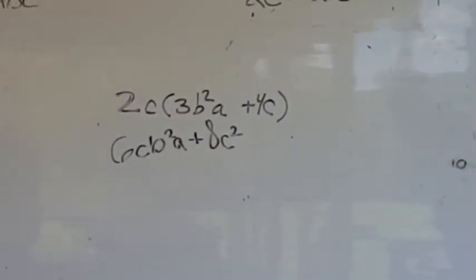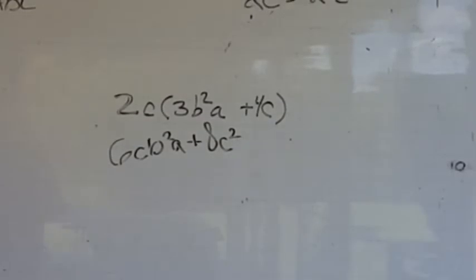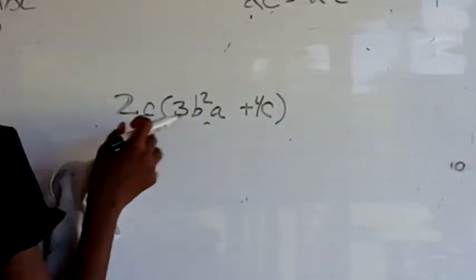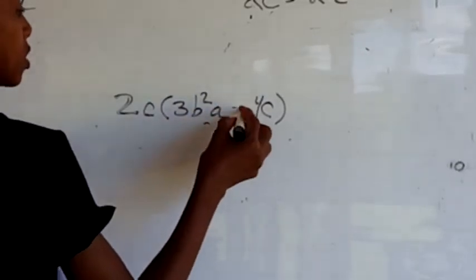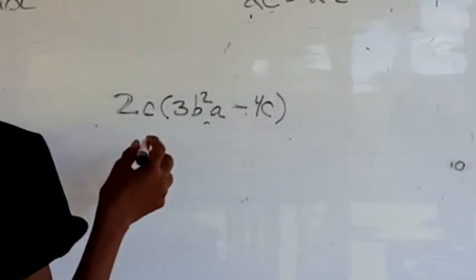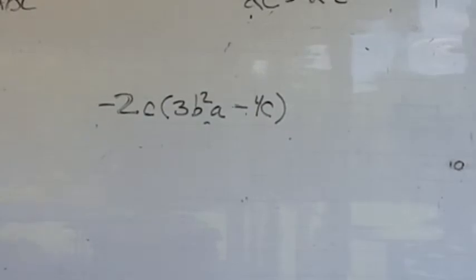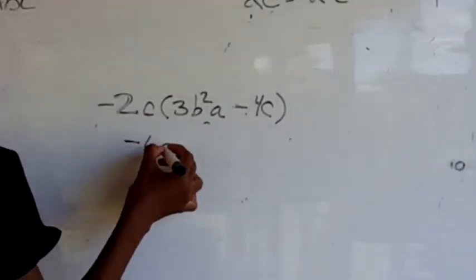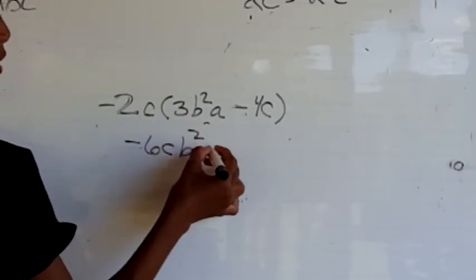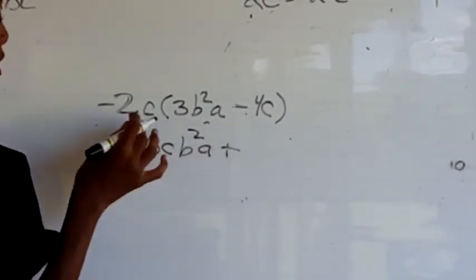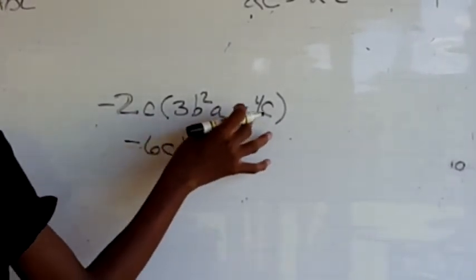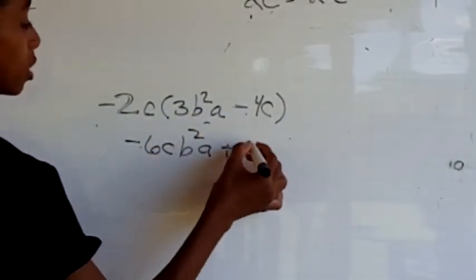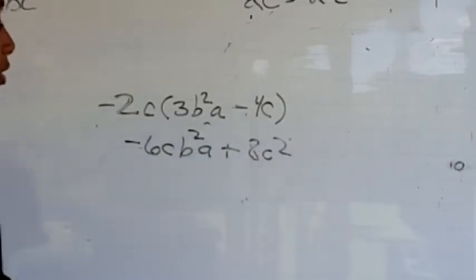Alright, so let's say we had minus 4C and negative 2C. That will give us negative 6C B squared A plus, because negative 2C times a negative 4C, a negative times a negative is a positive, plus 8C squared.